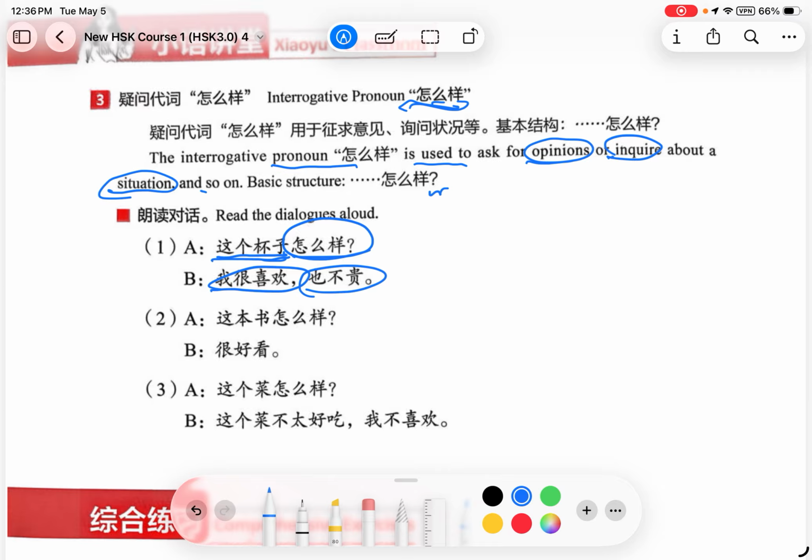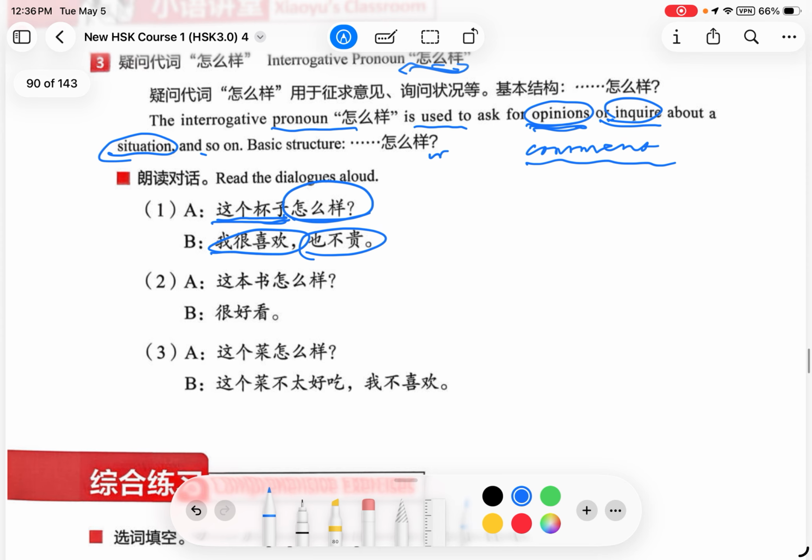It's like you're asking for opinions or comments, inquiring about a situation. I want to know what your opinion is on this. 这本书怎么样? Imagine you were invited to your friend's house, you stood in front of the bookshelf, saw this book, and asked, how about this book?